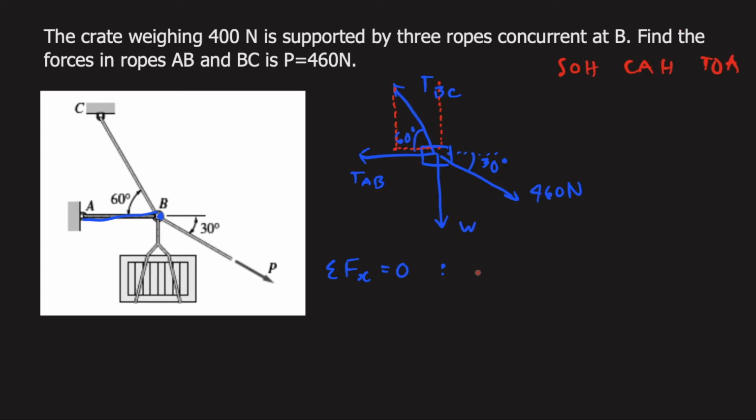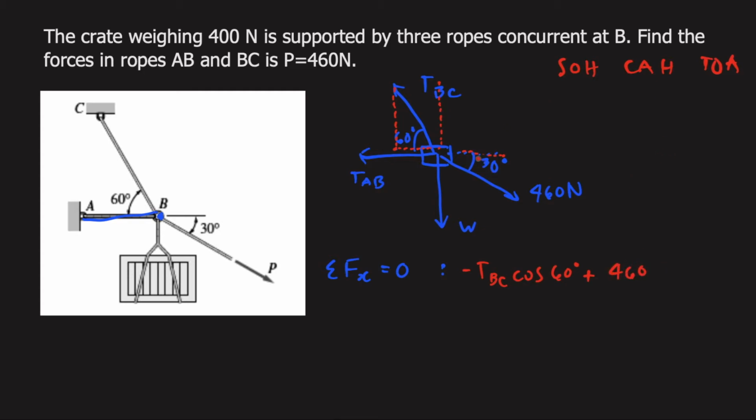So that's negative TBC cosine of 60 degrees. It's negative because the x component is directed towards the negative direction. Plus, this time we will get the x component of this, which is 460.